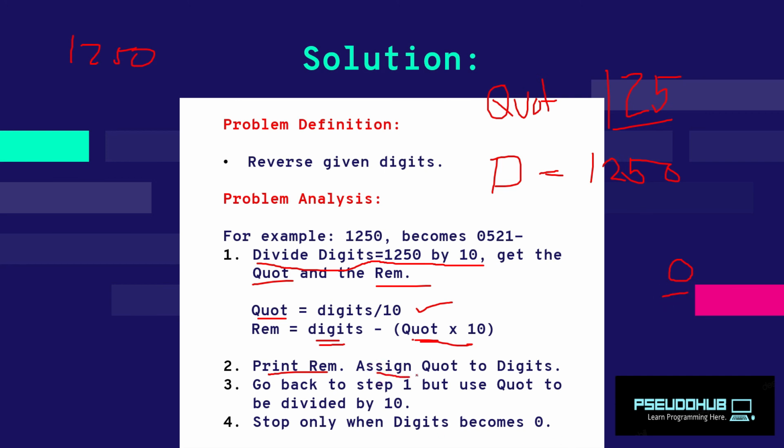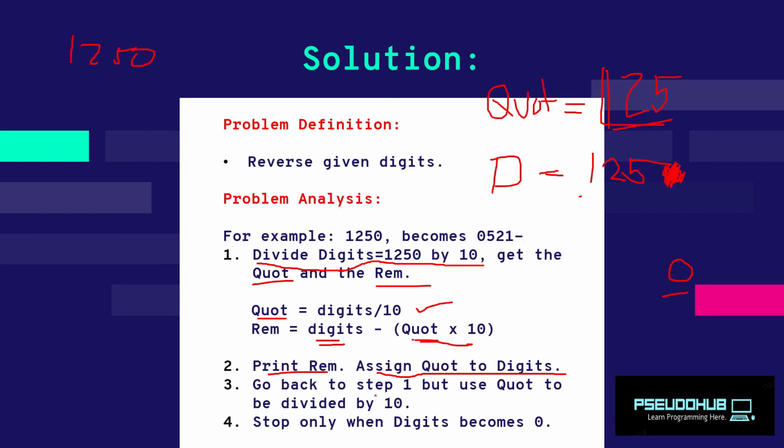And then, assign quote to digits. We assign the value of quotient to digits. The current value of quote is 125, so we assign that to digit. When we assign it to digit, meaning 1,250 is removed and replaced, it becomes just 125. Okay, so step 3.